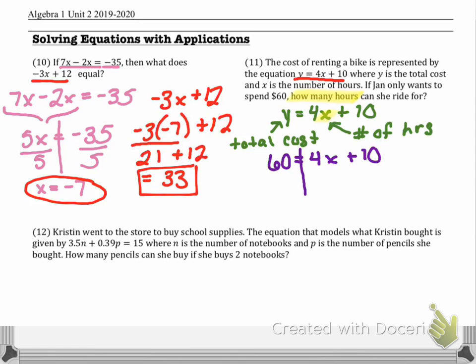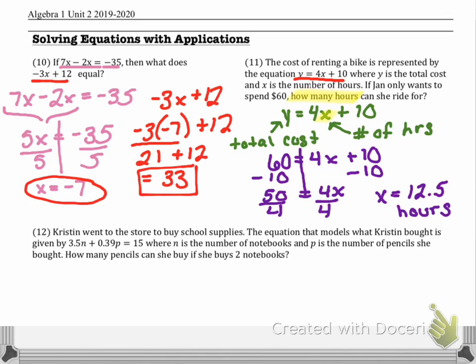Now I can solve for x. I begin by subtracting 10 from both sides, and that gives me 50 is equal to 4x. To get x by itself, I'll divide both sides by 4, and 50 divided by 4 gives me 12.5. So at most, she can only ride for 12.5 hours.